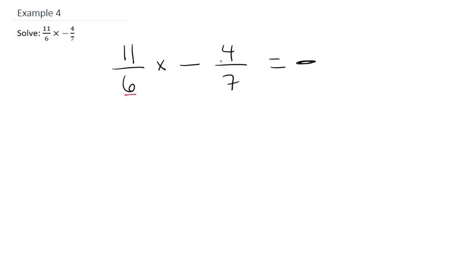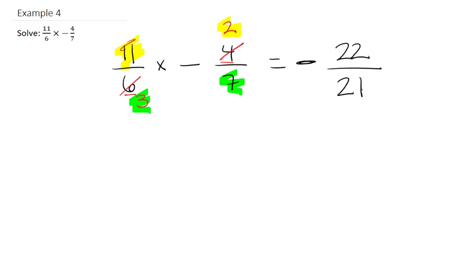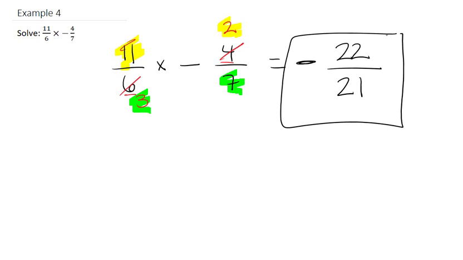We see that 6 and 4 can each be divided by 2, because 6 divided by 2 is 3, 4 divided by 2 is 2. So now we have 11 times 2 and 3 times 7. We just go 11 times 2, which is 22. 3 times 7 is 21. So we get our final solution as -22/21.